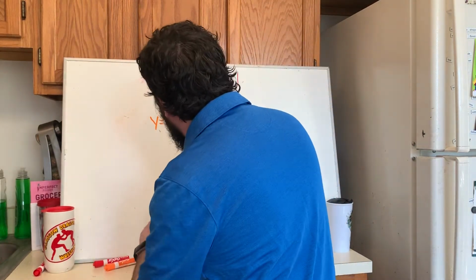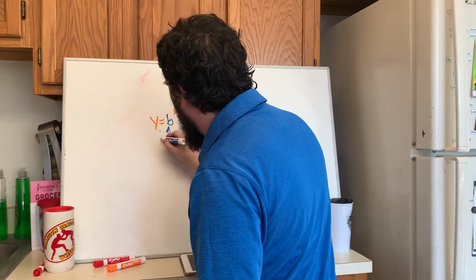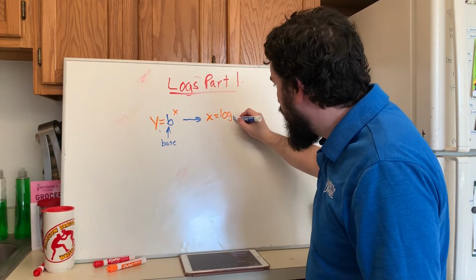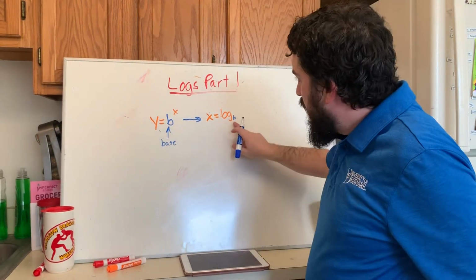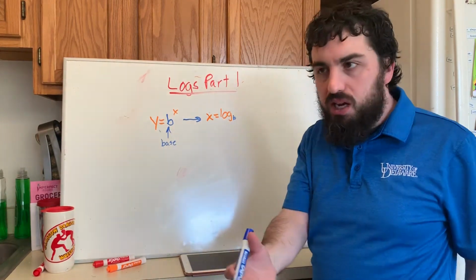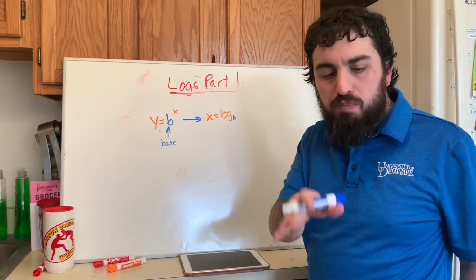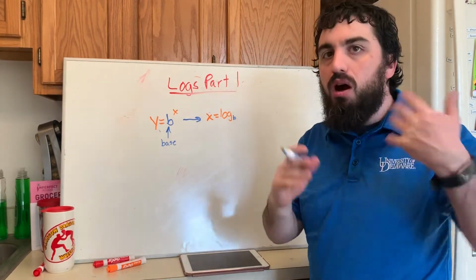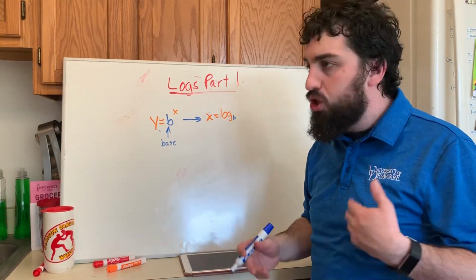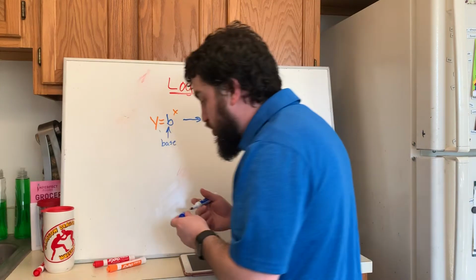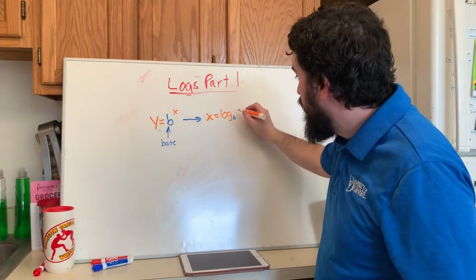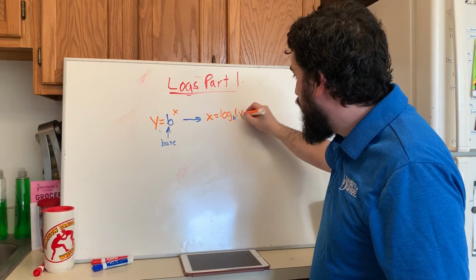Since b is the base here, that will also be the base of my log. So whatever the base of the exponent is, that's what the base of the log is. So it's saying, oh, log base b. If that was a 5, I'd be like, oh, log base 5. If this was a 10 here, log base 10. If it was a 20, log base 20. And I'll start thinking about powers of this number here. So log base b of y.